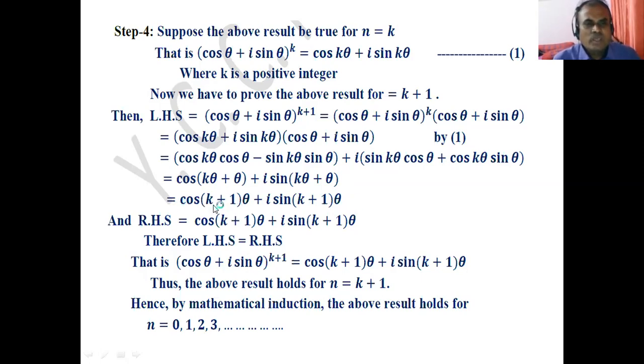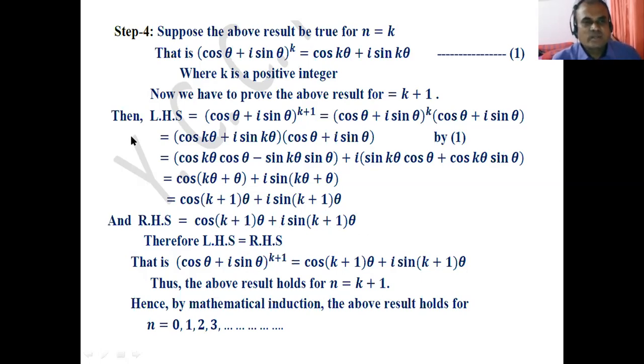So this is the value of the LHS for k plus 1. Now the RHS: cos of n theta, where n means k plus 1 here, so cos of (k plus 1) theta plus i sin of (k plus 1) theta.